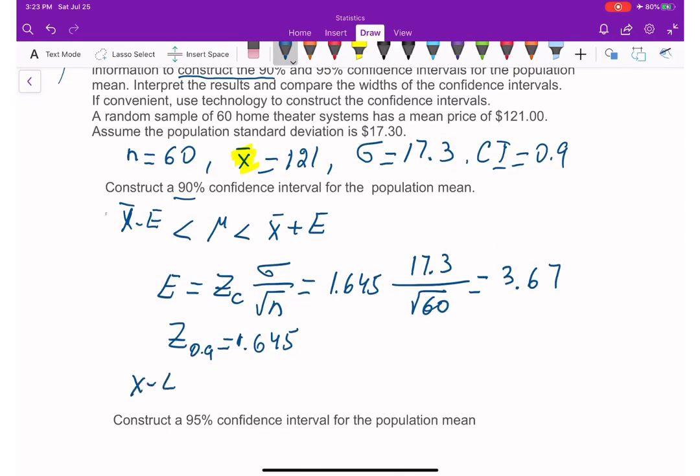From here, x bar minus error is going to be 121 minus 3.67, which is going to give you 117.33.